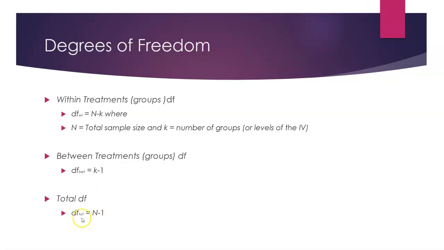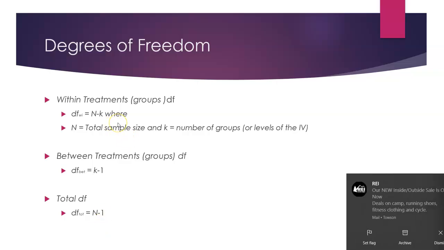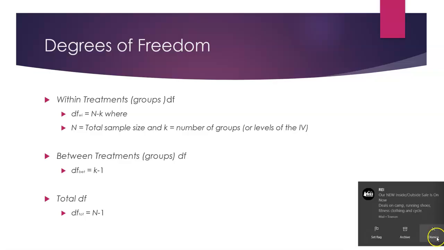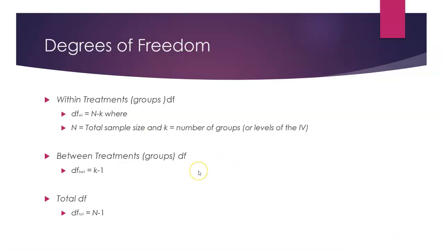Now, our total degrees of freedom is going to be the total sample size minus 1, so 100 minus 1, or 99. But we should also see that our within treatment and between treatment degrees of freedom, if added up, will equal our total degrees of freedom. In this case, within treatment was 97 and between treatment was 2, which gives us a total of 99. Okay.